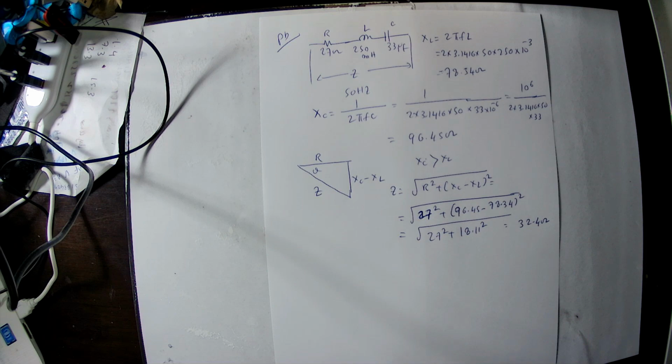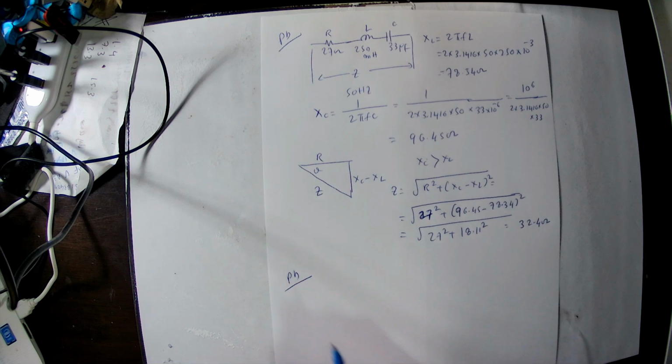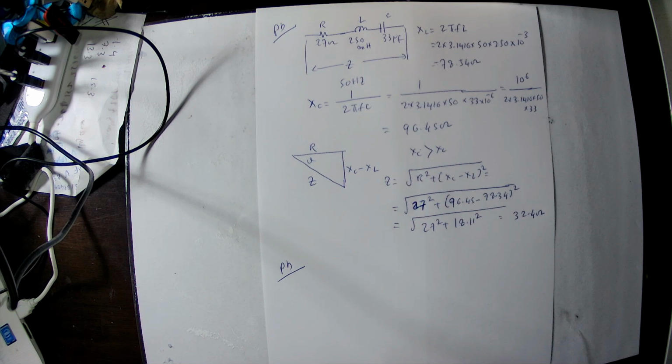The next problem: you have to find the supply current. A 50 ohm resistor is connected in series with an inductor of 60 ohm reactance and a capacitor of 80 ohm reactance, connected to a 240 volt 50 hertz supply. So we have to find the supply current.